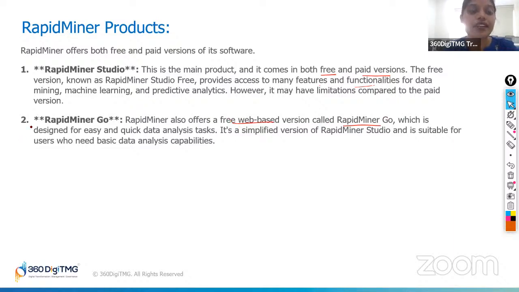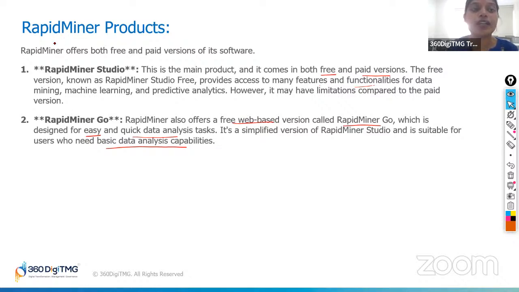So what is this designed for? This is designed for easy and quick data analysis tasks. It is a simplified version of RapidMiner Studio, and it is suitable for users who need basic data analysis capabilities. So depending upon our requirement, we can use whichever product we want.